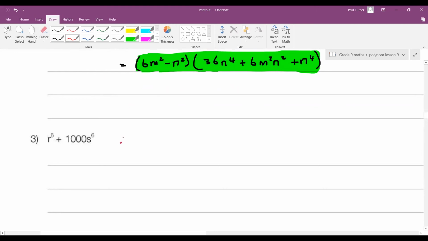So a cubed, and we're using plus, so we'll have plus b cubed equals a plus b, a squared minus ab plus b squared. I recommend writing the rule every time because you're more likely to remember it if you have to write it every time.